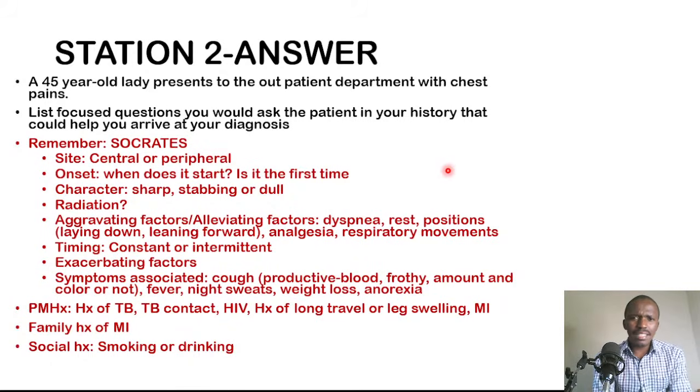That doesn't make any sense. Then, of course, you should also ask about a history of them traveling, especially a long travel. And why am I asking this? It's because DVTs can dislodge, and emboli can actually go and block the lungs.